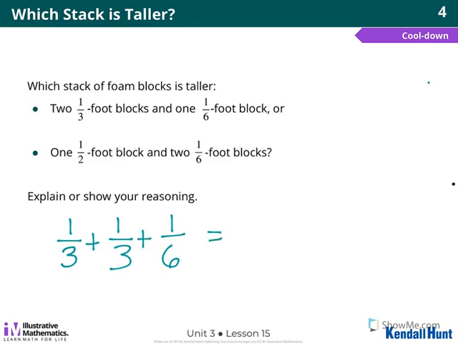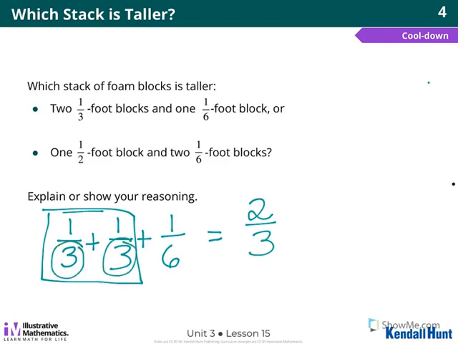Well, I know 1/3 plus 1/3 is 2/3, because they have the same denominator, I'm just adding thirds. But then I have to add this 1/6. Now I have two different denominators.